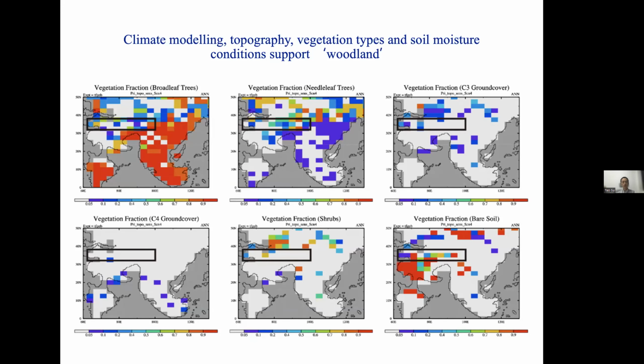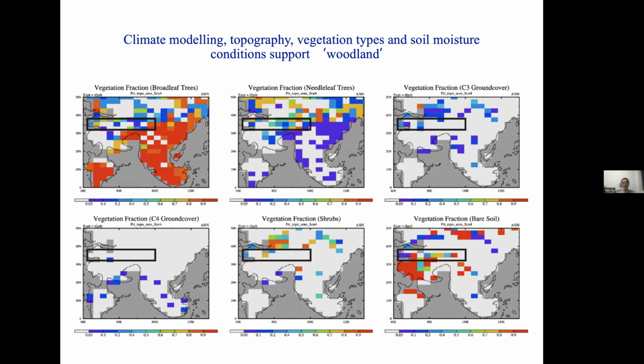We further used a climate model together with the topography scenario and some other conditions to model the vegetation type.